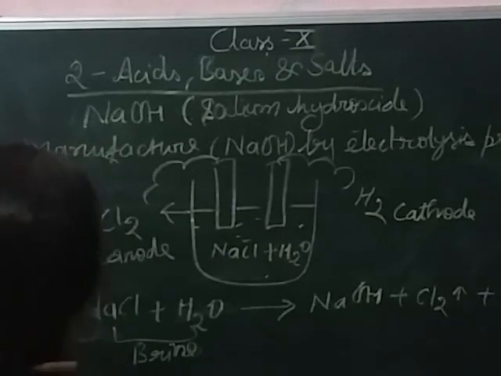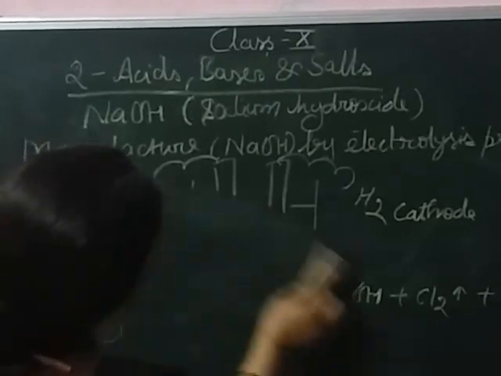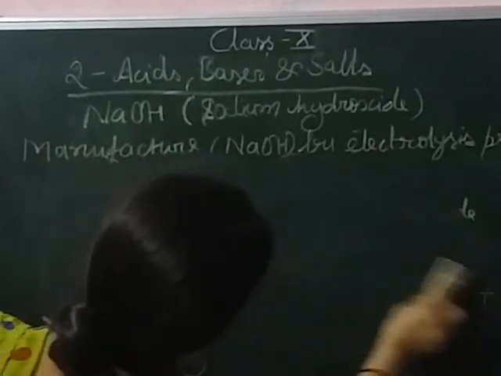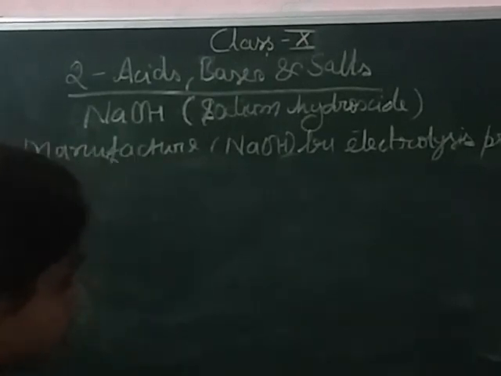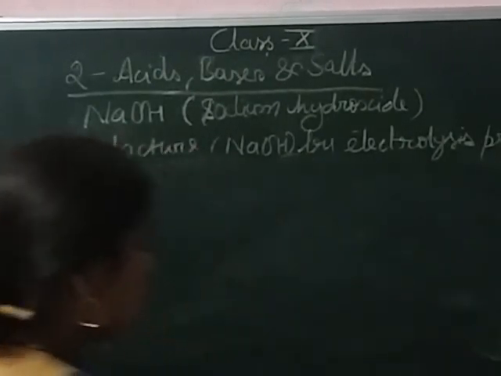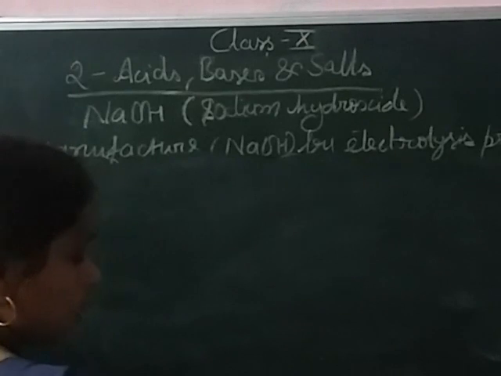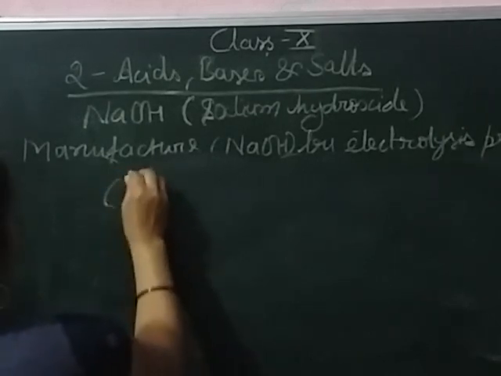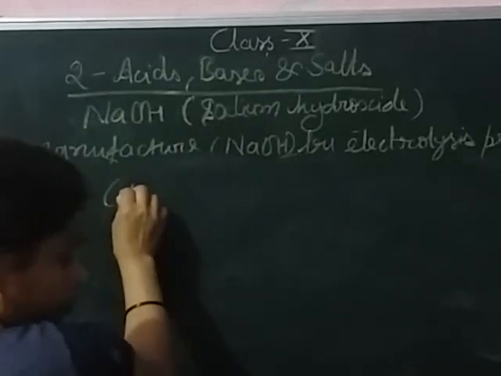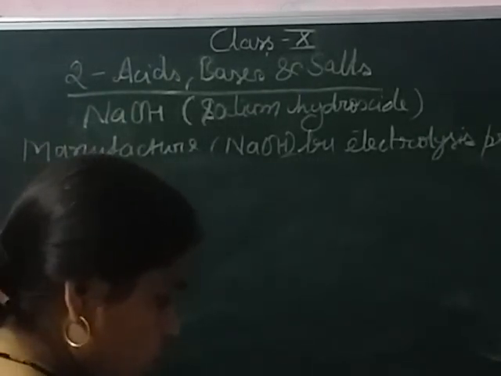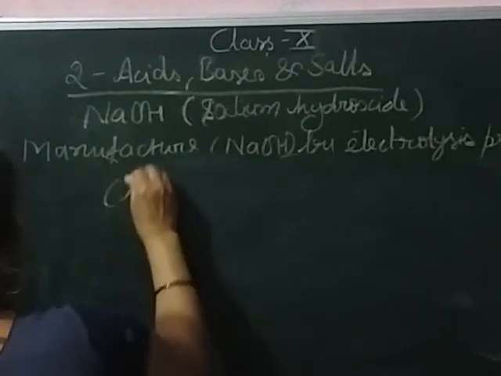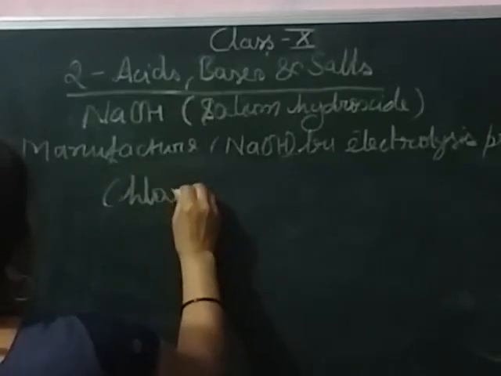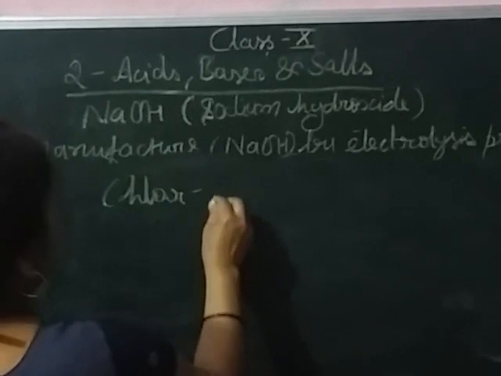This electrolysis process is also known as the chlor-alkali process. Because of the formation of alkali and the release of chlorine gas, it is known as the chlor-alkali process.